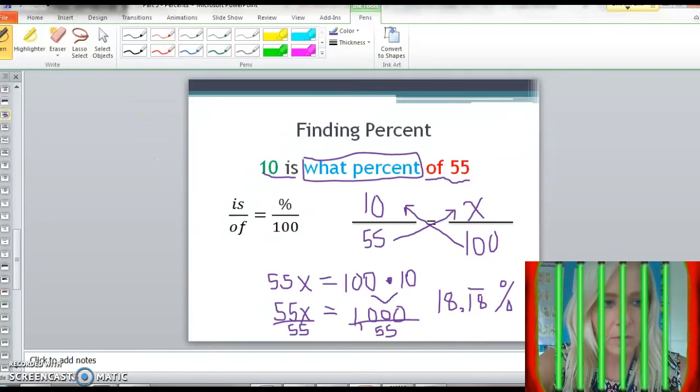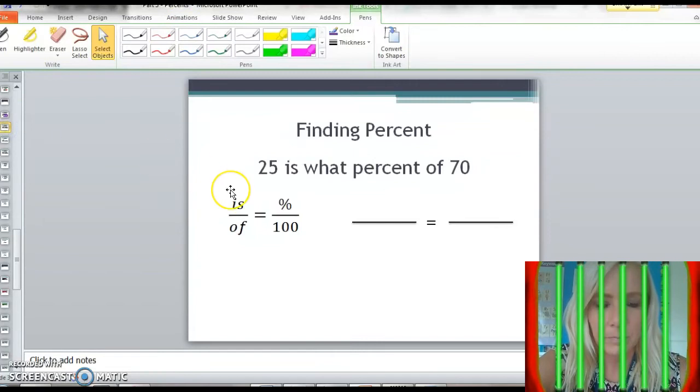Okay, let's look at another problem. This is without the color coding, but you can still, if you want to use highlighting tools, you can. 25 is what percent of 70? So in this case here, I'm still finding percent.